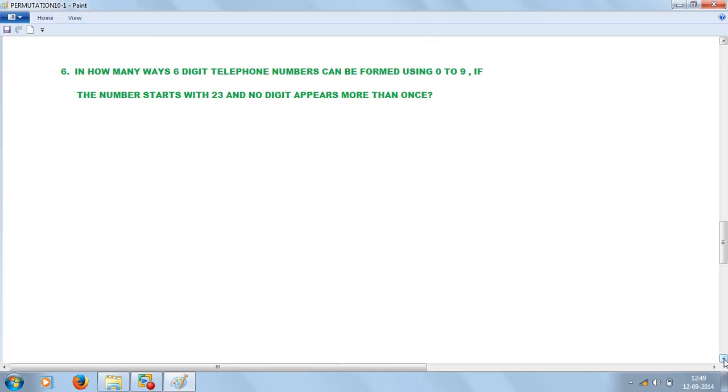In how many ways a 6-digit telephone number can be formed using 0 to 9, if the number starts with 2, 3 and no digit appears more than once?